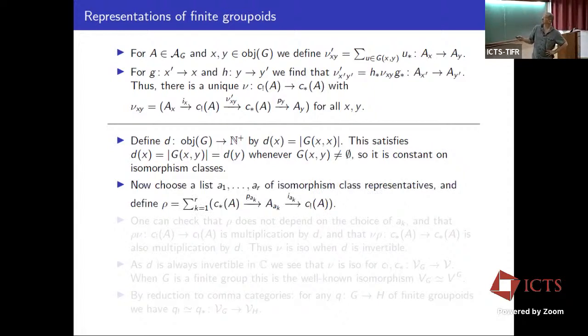Now let's choose representatives of each isomorphism class, and for each of these, by the universal property of the limit, you've got a projection from the limit to the value of the functor at the point A_k. And then by the universal property of the co-limit, you've got a map from this A(A_k) into the co-limit. So this gives you some maps from the limit to the co-limit, and you add them up, one for each isomorphism class.